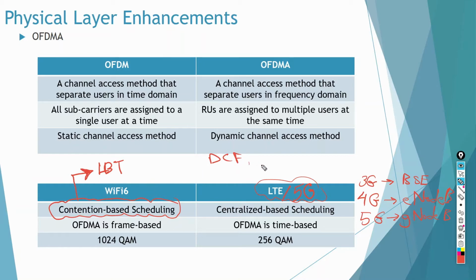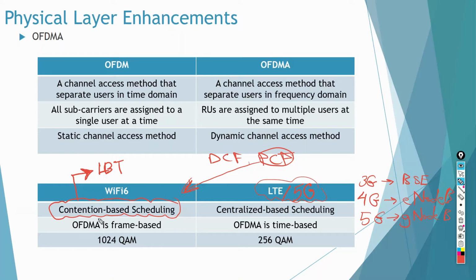There is also PCF, point coordination function, in which the access point takes care of scheduling the access and the devices' turns to the medium. It's totally different, but the procedure in PCF and LTE or cellular is the same in a way.